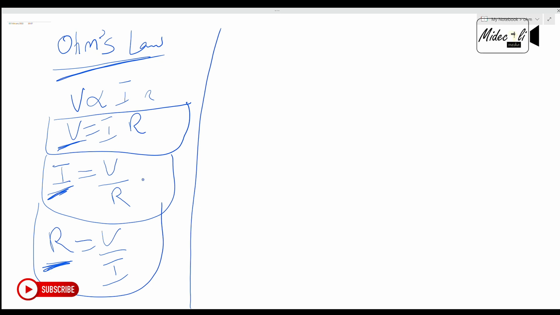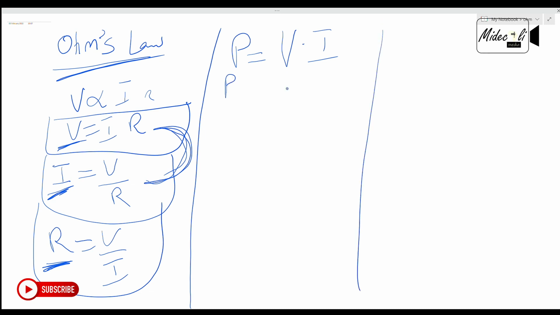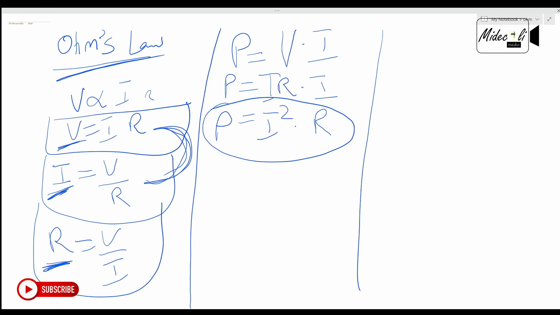So if you look at these two equations, we can input it into power, which says P is equal to V times I. We could either substitute our V or substitute our I. So if we substitute our V, we have it as I R times I, which is equal to I squared times R. One equation.